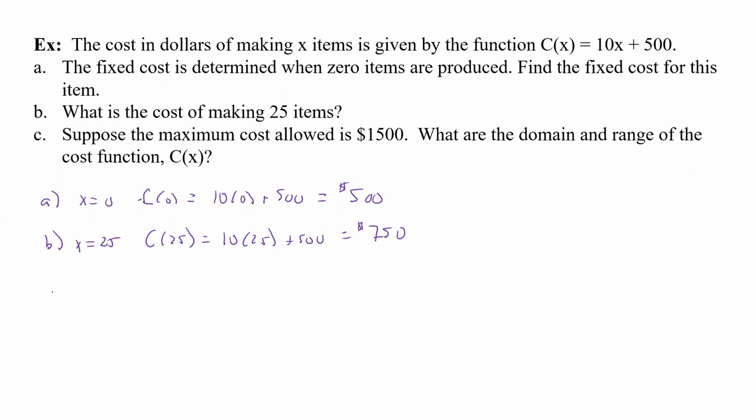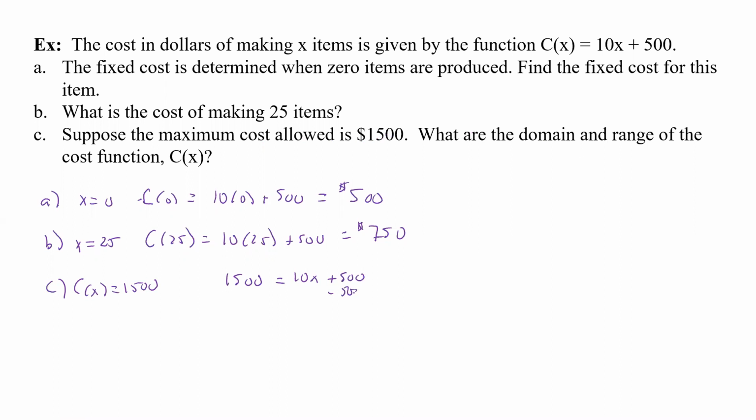And then a last one says, suppose the maximum cost allowed is $1,500. Okay, so what are the domain and range of the cost function? Well, this means we have to solve for what x is if that's the max cost. And so here we have c of x is equal to 1,500, so 1,500 equals 10x plus 500.